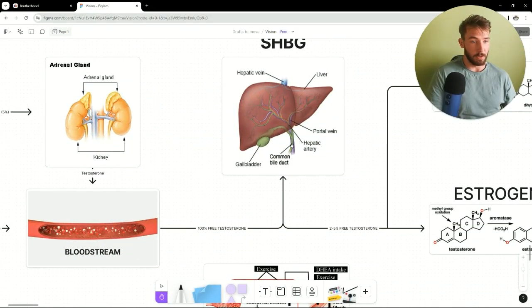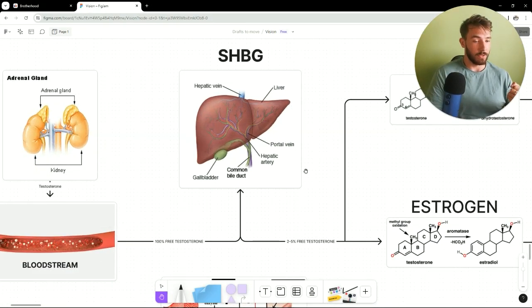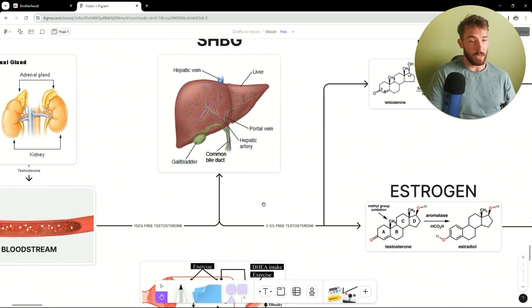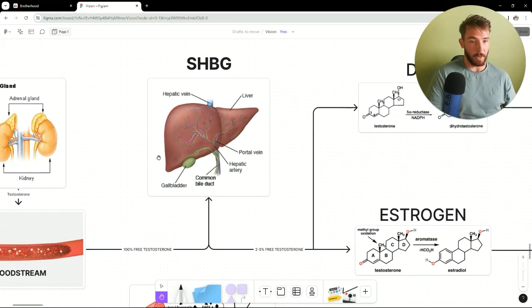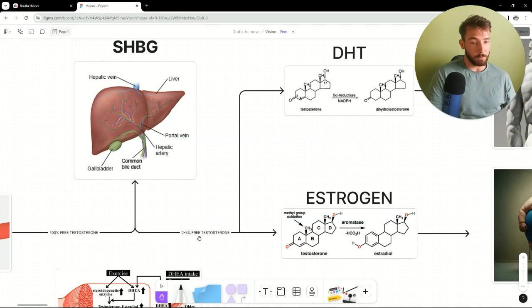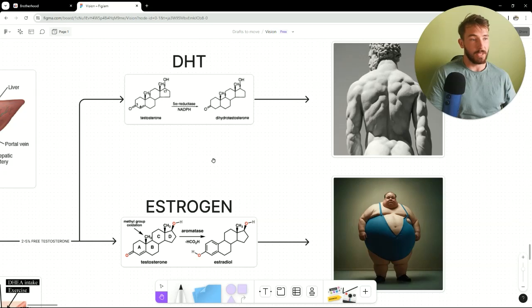And then through the liver, there's something called SHBG, sex hormone binding globulin, which binds 95 to 98% of the testosterone, depending on your liver health and your other issues. And the 2 to 5% of free testosterone is then able to elicit certain effects in the body.